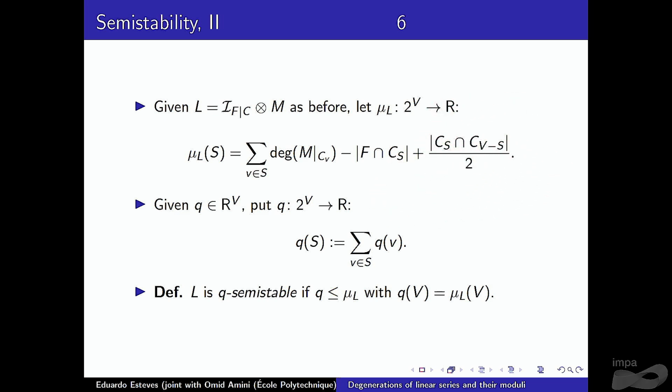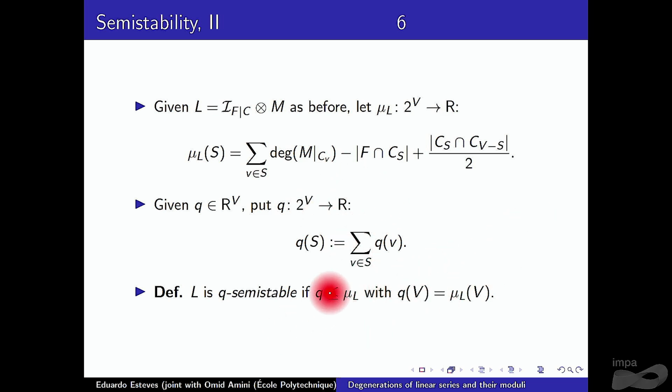Here in the definition, there are two different Q's, which is kind of confusing. That's because we abuse the notation. Given Q, I denote by the same Q another thing. Q can be regarded as a function from V to R, but also a function on the parts of V defined in this way.